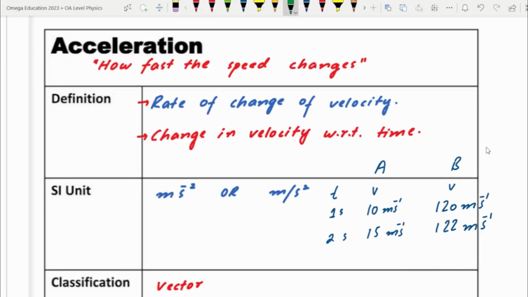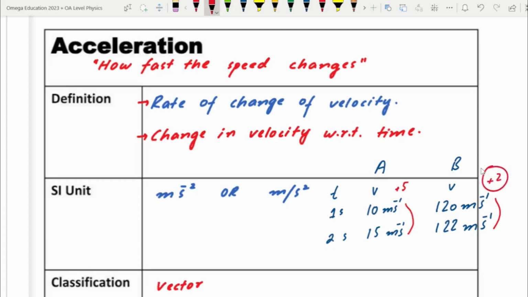But let's talk about the acceleration. For 1 second, what is the change in speed or velocity of the object A? Let's assume the speed and velocity are the same, in such a way that they're moving in a straight line without any change in direction. So what is the change in velocity for the object A in 1 second? There's a change of 5. Now what is the change in velocity for the object B?